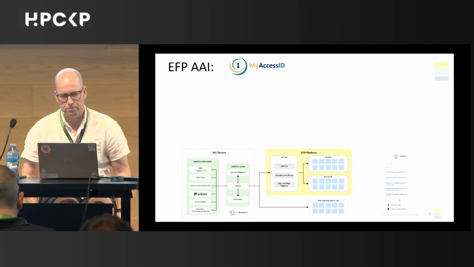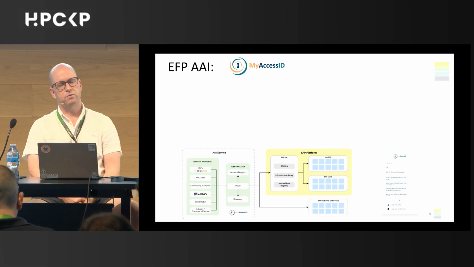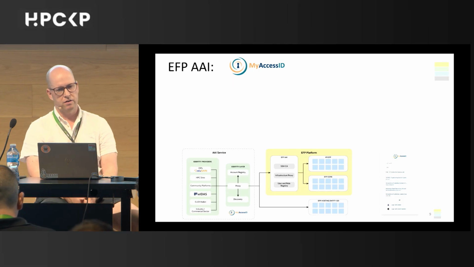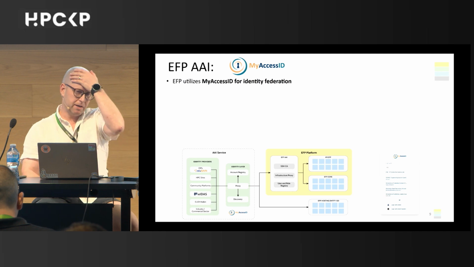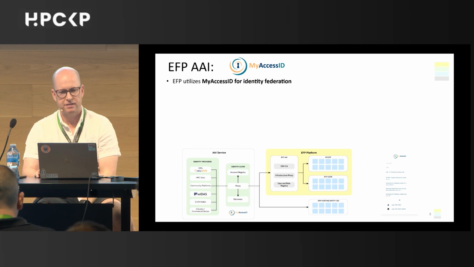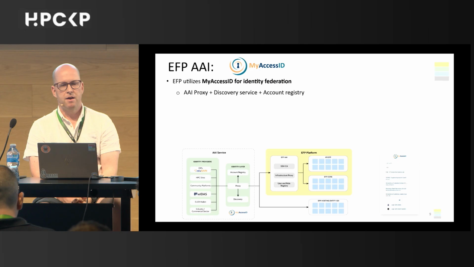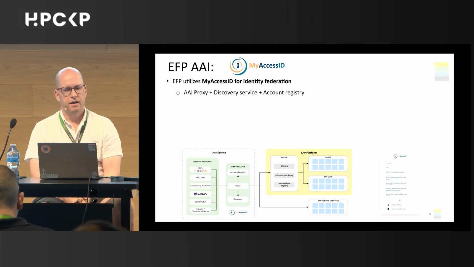So going through them component by component, the first one is the authentication infrastructure. That's based on MyAccess ID. So EFP is using MyAccess ID for identity federation. That's an AAI proxy and discovery service, an account registry. So what does that mean?